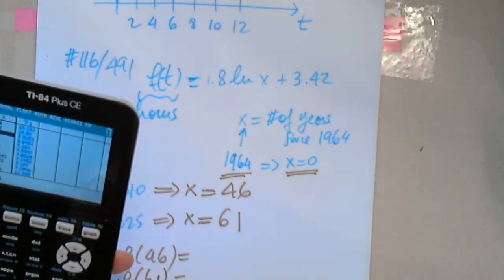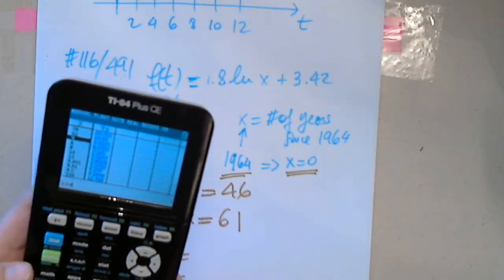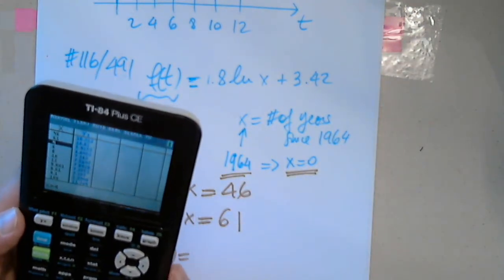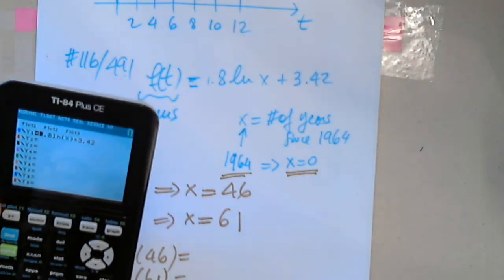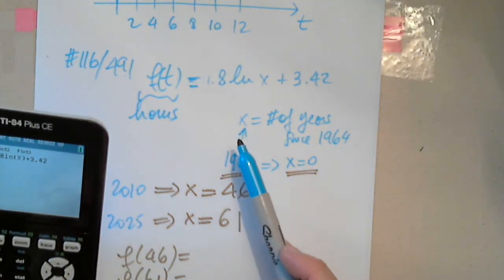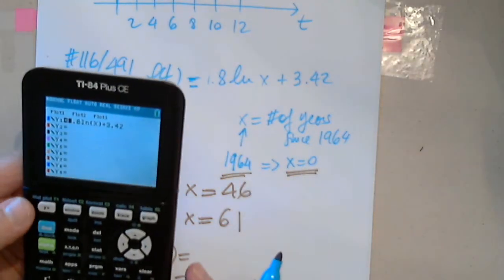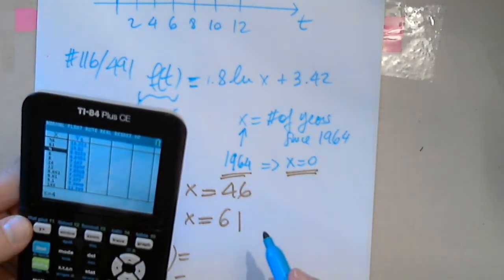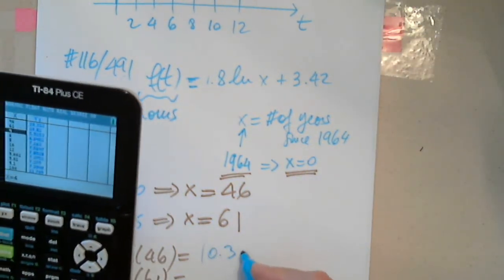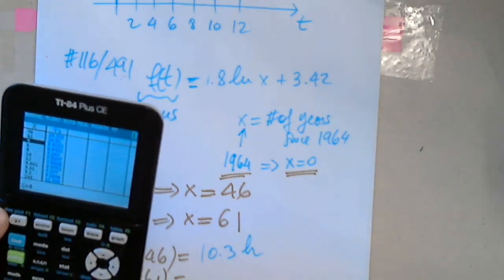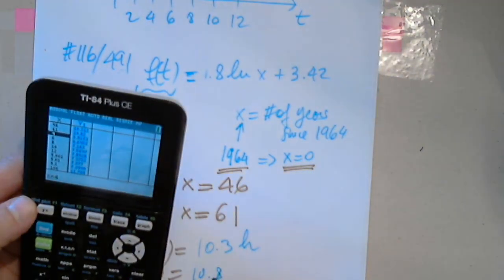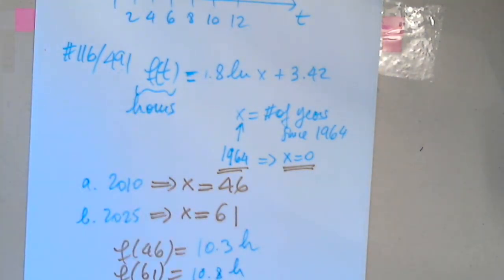So the first one is 10 point, I'm checking 1.8 natural log plus 3.42. Okay, very good. So the first one is 10.3 hours, and the other one is 10.8 hours. Any questions?